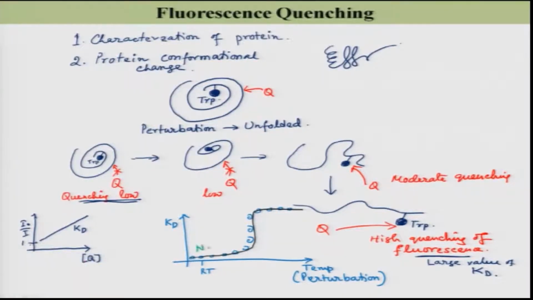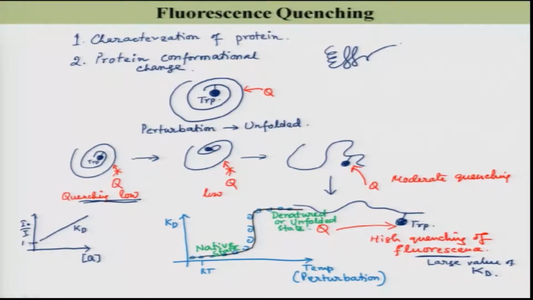This part is your native state, and this part is your denatured or unfolded state. So, by simply doing this quenching experiment with such a molecule, you can comment on how the structure of the protein is changing by increasing the temperature.